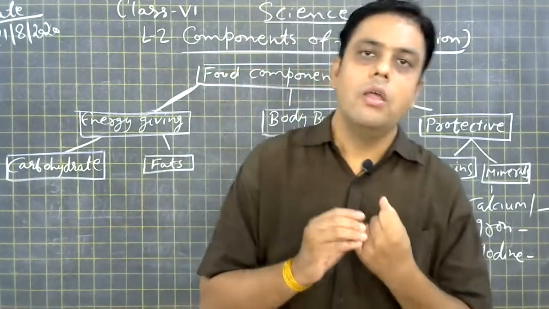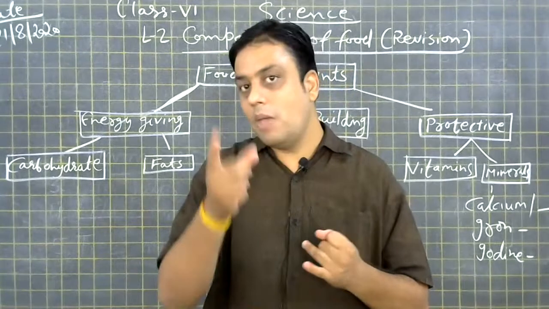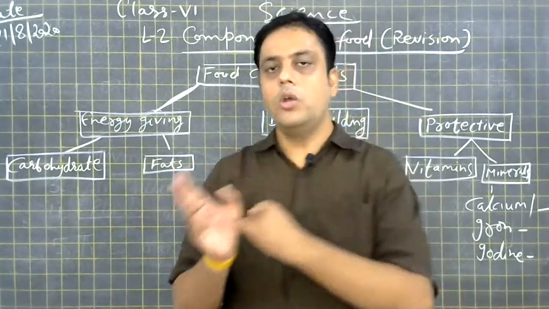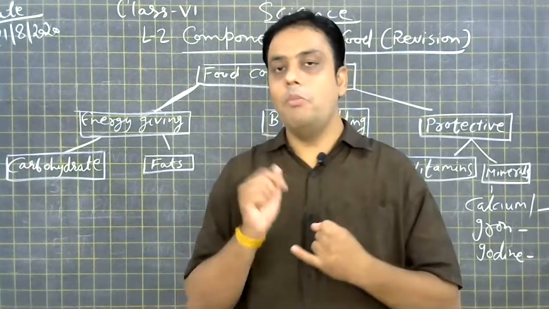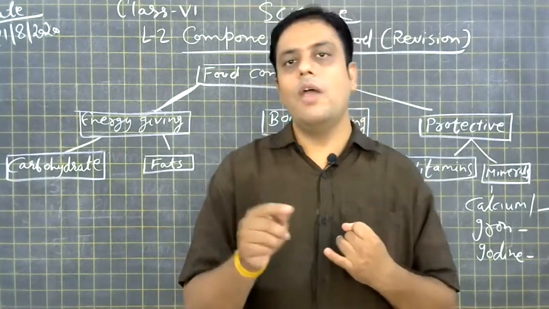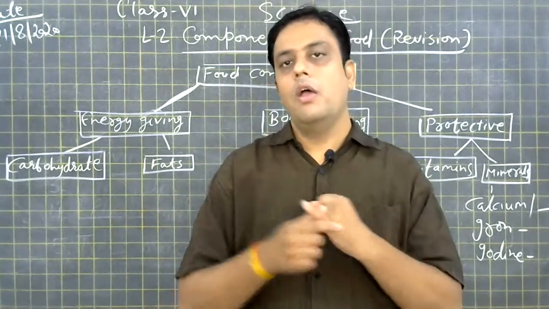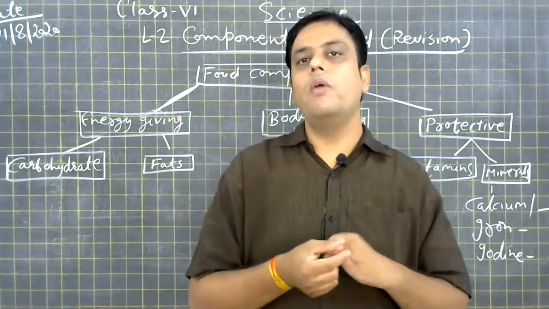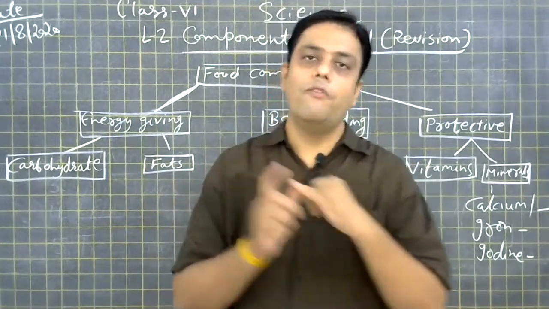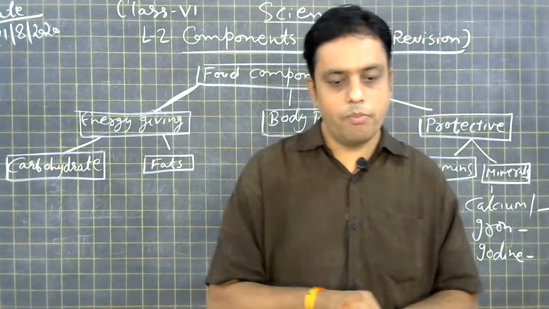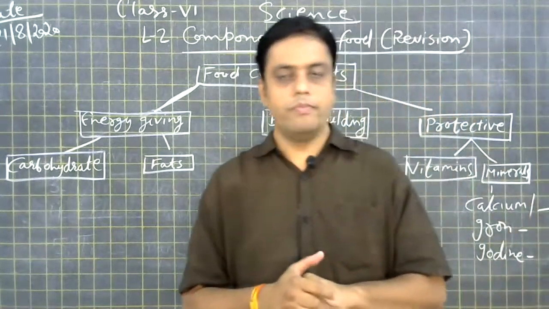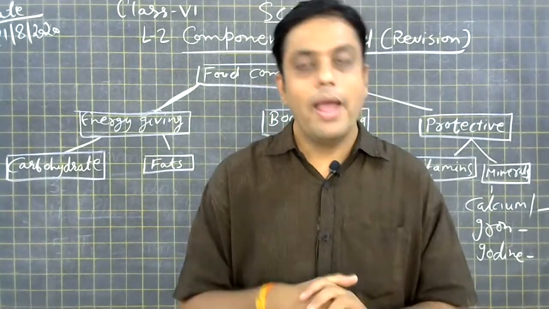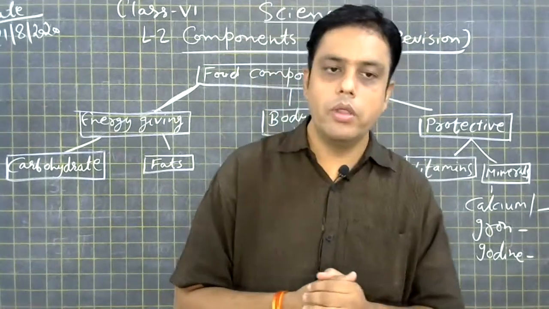According to that, balanced diet will differ even for persons of the same age. If a 25-year-old soldier or a 25-year-old shopkeeper, there will be different types of balanced diet for them. So occupation is a key point, health is a key point, age is a key point.